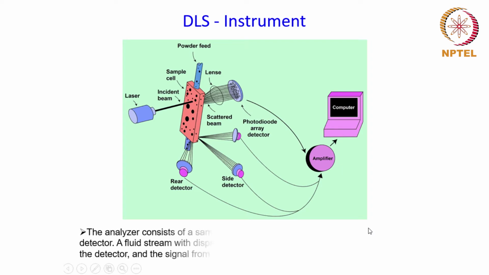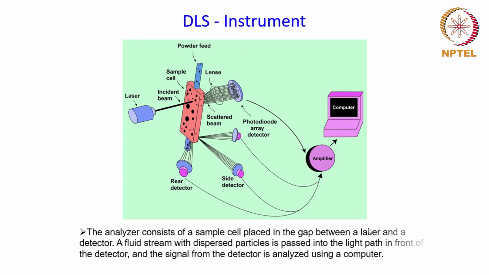And apart from that, it consists of a sample cell which is here. The sample cell is placed in the gap between the laser and a detector. The detector is a photodiode array detector which captures the scattered intensity.